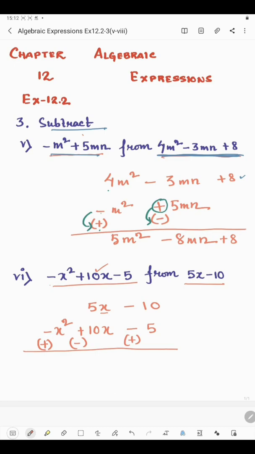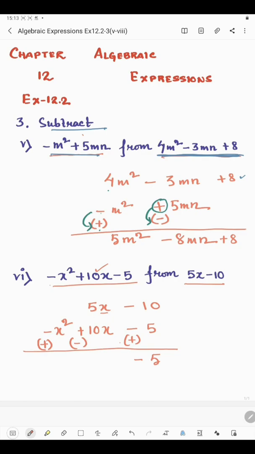So the sign of the term x square will be positive, the sign of the term 10x will be minus, and the sign of the constant will be plus 5. Okay, now plus and minus will become minus. So 10 minus 5 will be 5, and since 10 is greater than 5 and the sign of 10 is negative, it will be minus 5. Now here we have plus 5x and minus 10x.